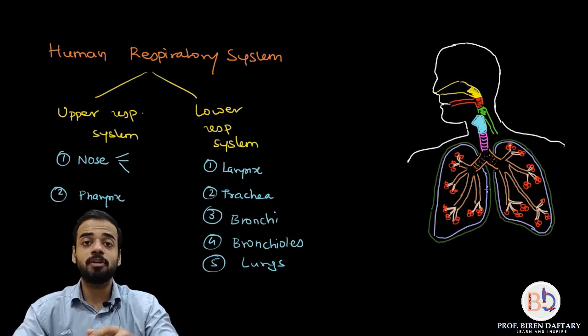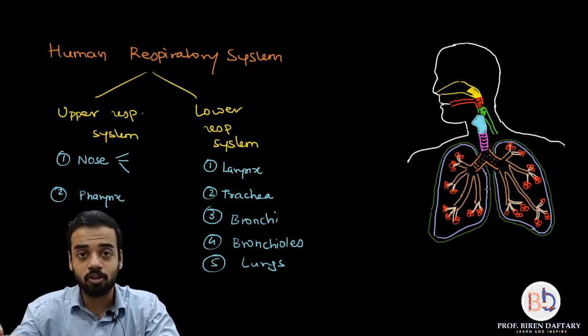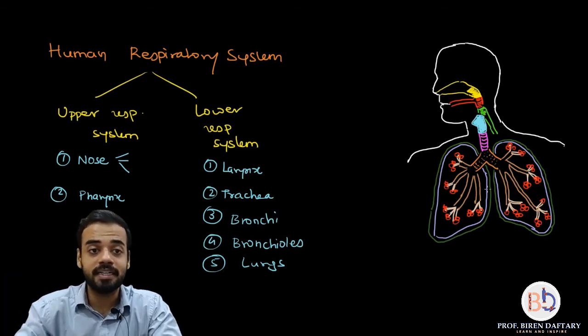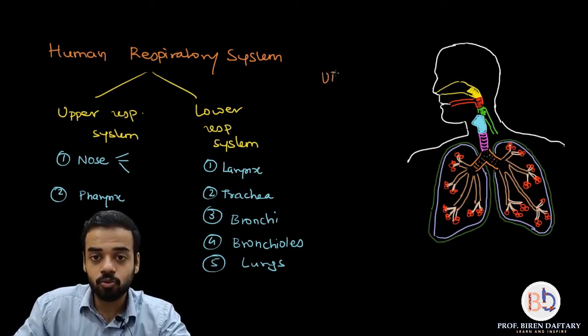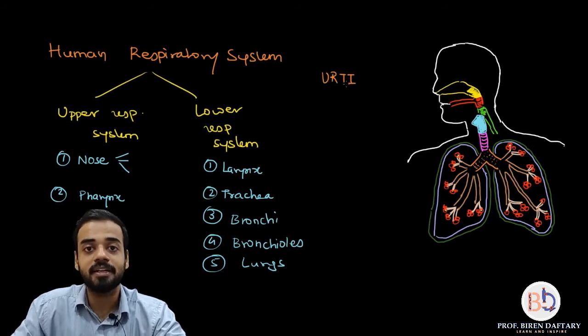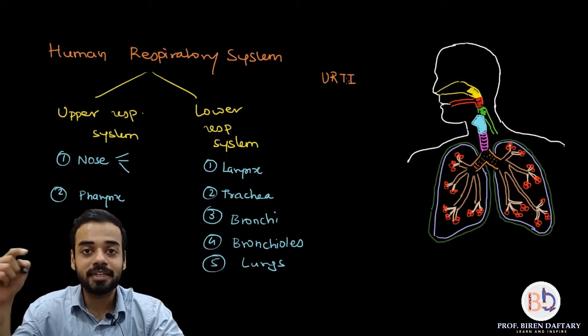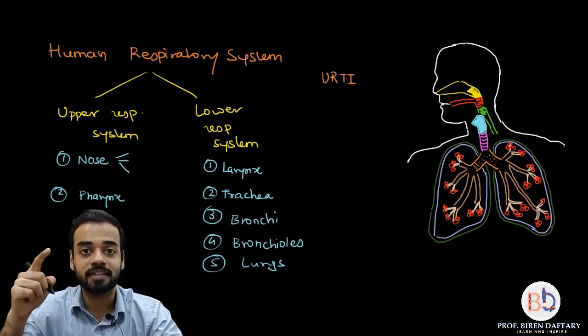Normally when you get diseases like common cold, influenza or cough, these diseases are called URTI. This is just extra information. URTI stands for upper respiratory tract infection, because normally when you get these diseases, they affect your nose or your throat, the pharynx.